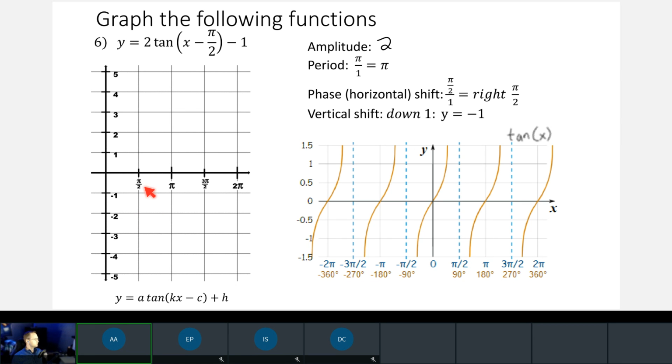This is pi over 2, correct? Yes. All right, so one's going to be right here. You should use a different color other than black on a black graph. It's easier to see. All right, let me switch out really fast. I'm going to use red.